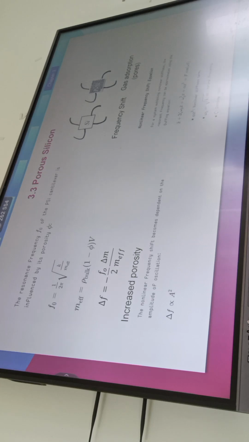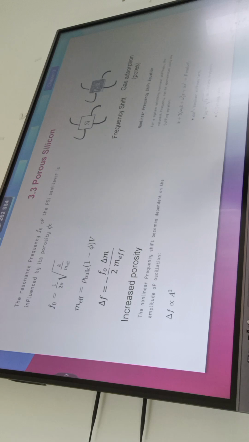In porous silicon, the resonance frequency of the porous silicon cantilever is influenced by its porosity. That is f0 equals 1 by 2 pi times the square root of the spring constant divided by the effective mass, and this formula indicates the effective mass.